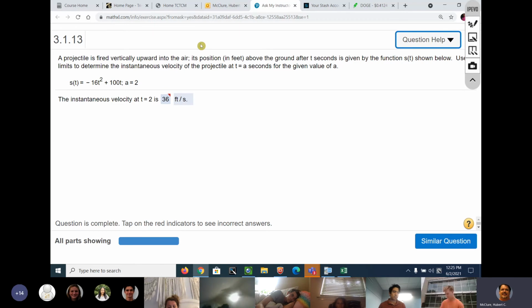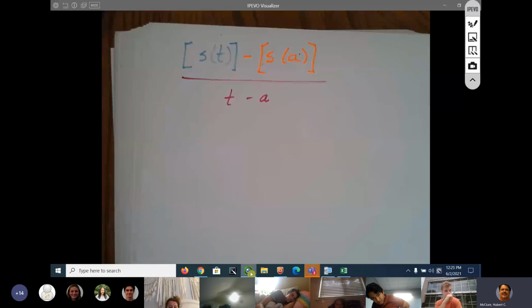I'm going to do it again and draw everything out for you. And since we're going to do it first like they did, a is equal to 2. So we're going to plug in a is equal to 2.